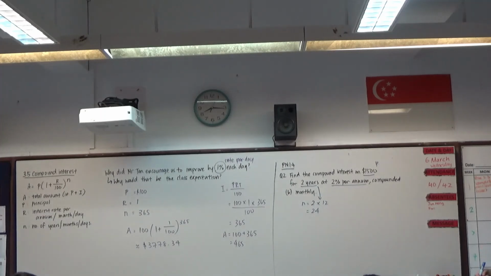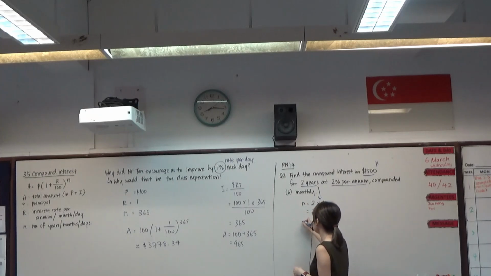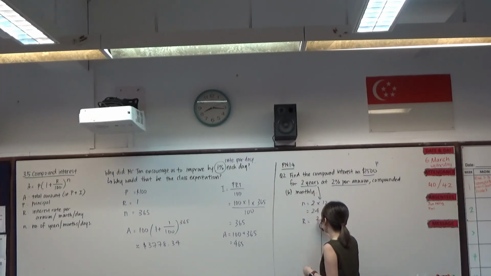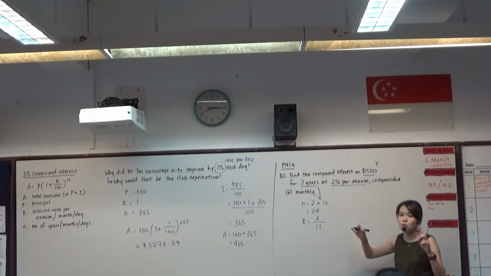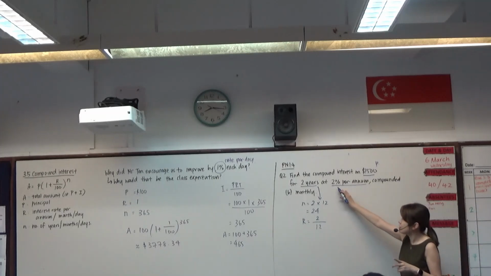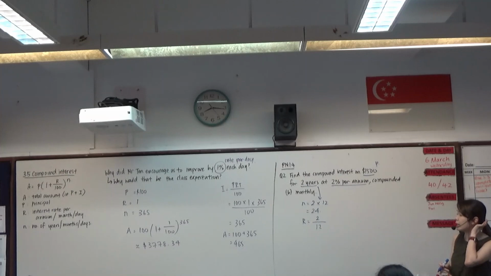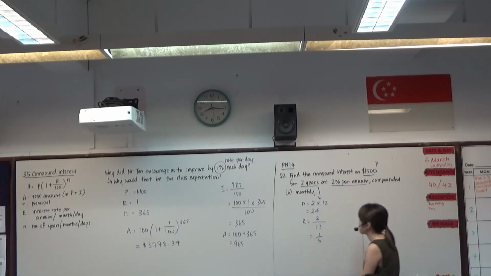Because it is 2% per annum, we need to adjust it for compounding monthly, and therefore we need to take 2 divided by 12. Because per annum refers to 1 year. 1 year has 12 months. So to divide our 2% by 12 months will help us to get our interest rate. So that will be 1/6.